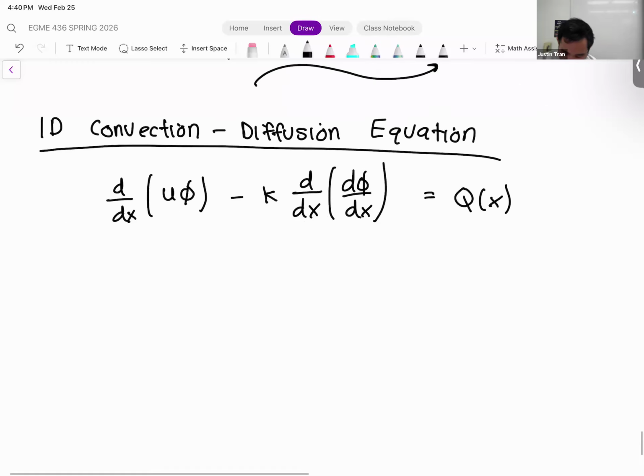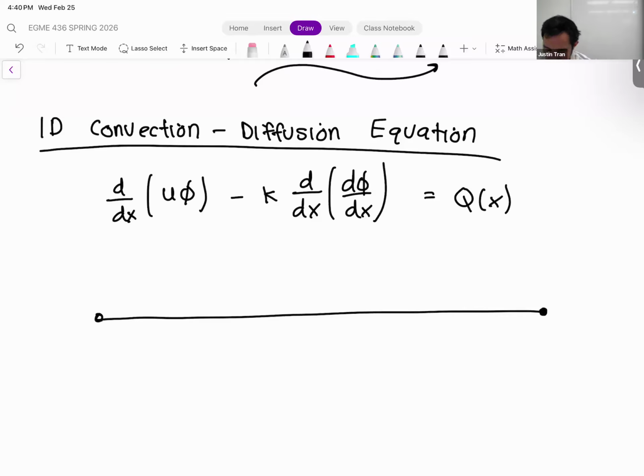This is a situation where we have a one-dimensional domain, just like this, and we have a fluid velocity. Just for the sake of argument, let's say it's going from left to right. We want to solve for the distribution of phi as a function of x.